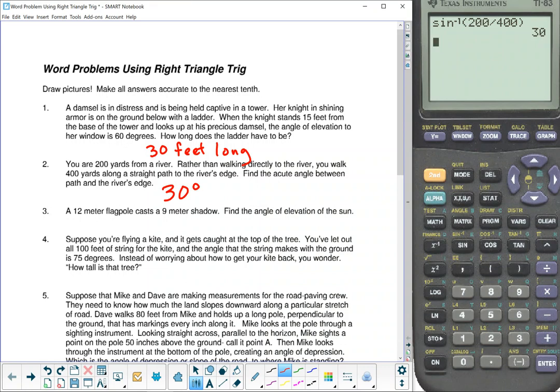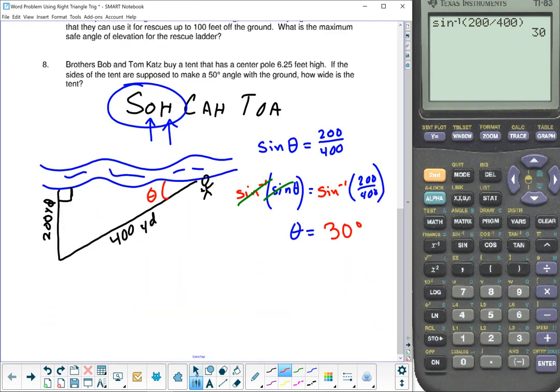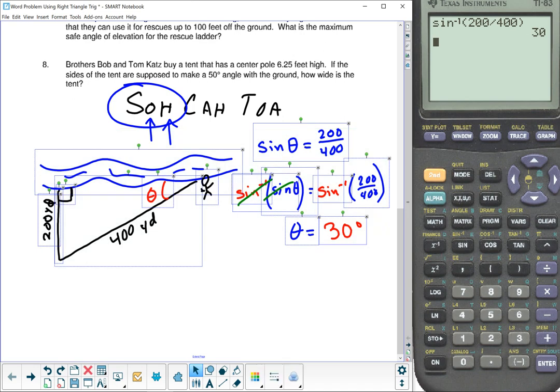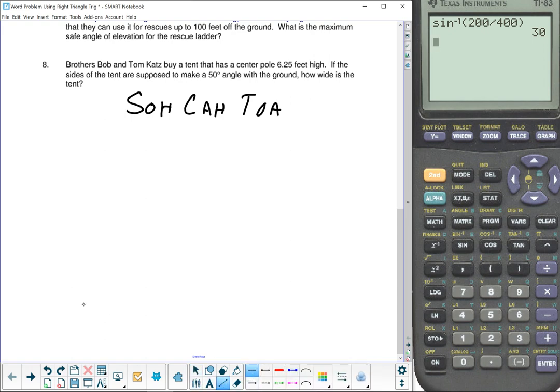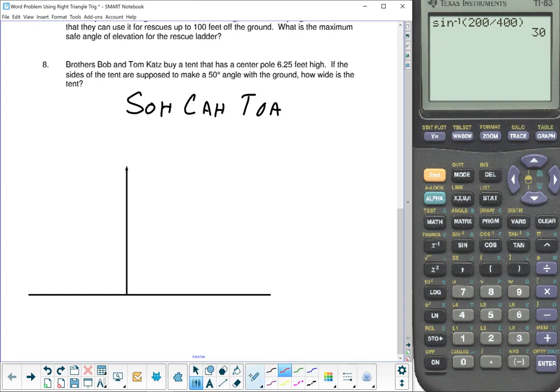A 12-meter flagpole casts a 9-meter shadow. Find the angle of elevation to the sun. So again, it's the ground. Actually, let's make our own flagpole. It's going to cast a shadow on the ground.